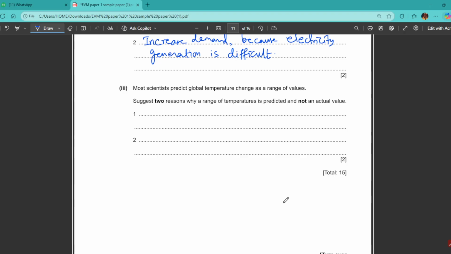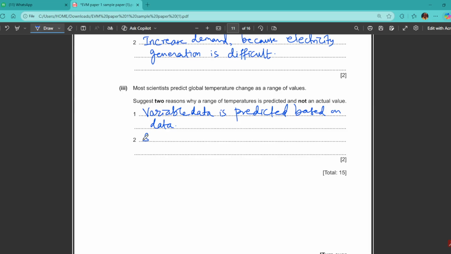So prediction based on variable data. Data is predicted based on data, right, which sometimes goes up or down. Uncertain data also it is, right?